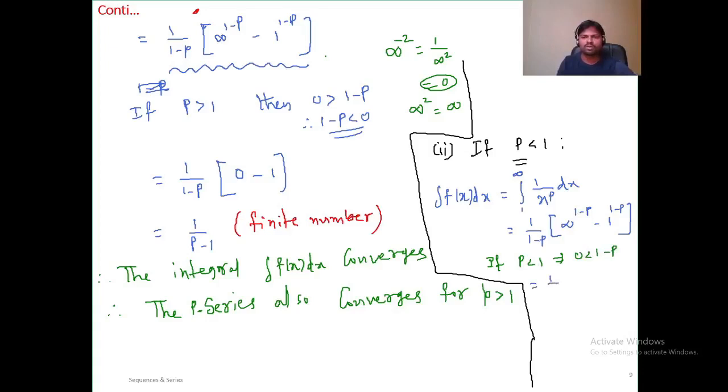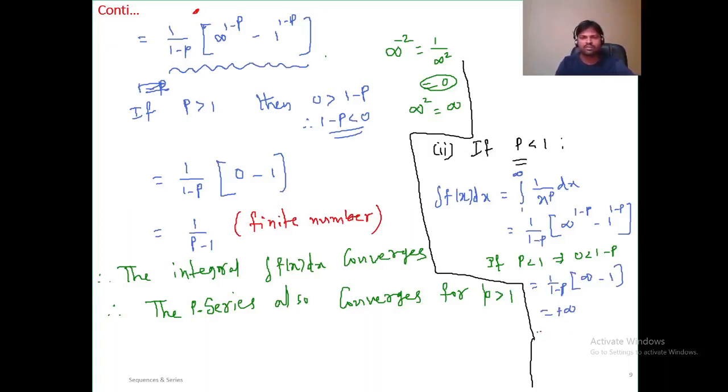So 1 over 1 minus p times infinity minus 1 gives infinity, plus or minus depending upon the p value. If p is less than 1, then 1 minus p is positive. Therefore, plus infinity. So the integral diverges.